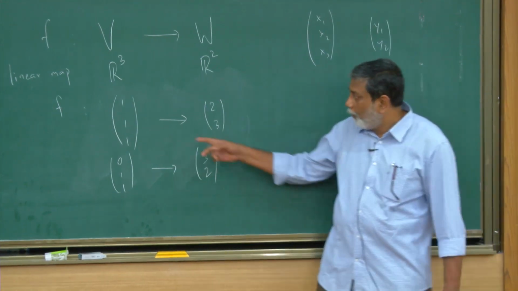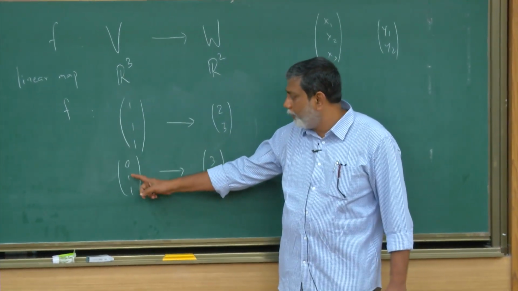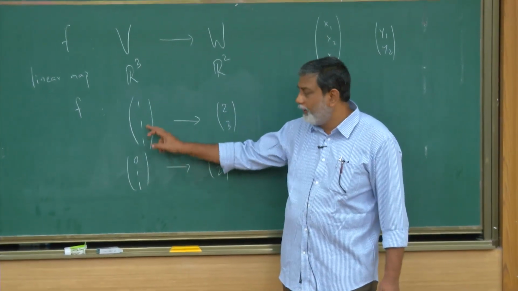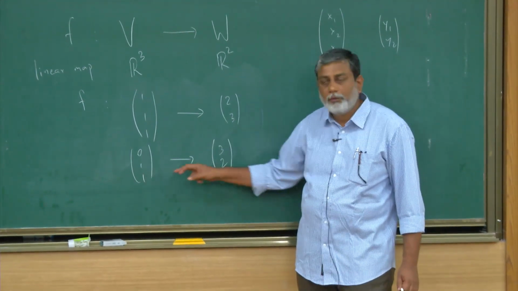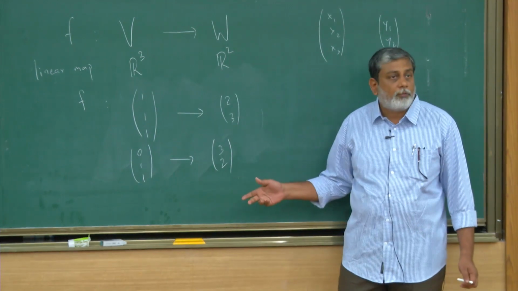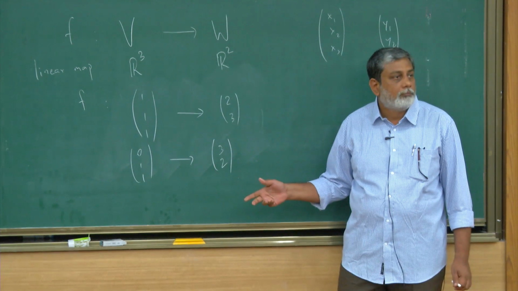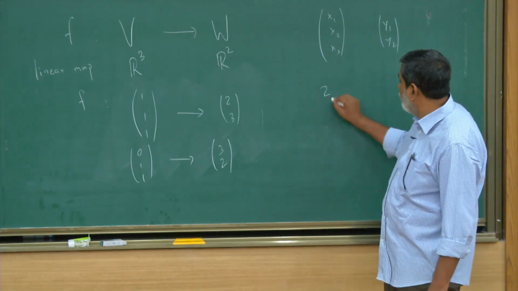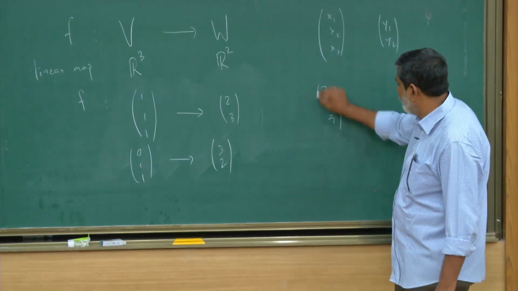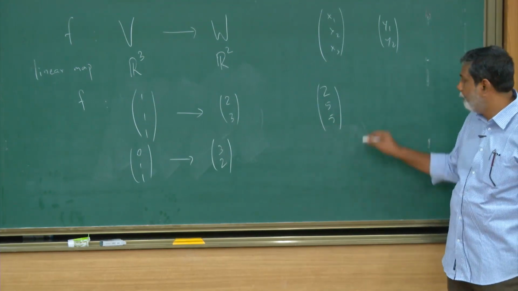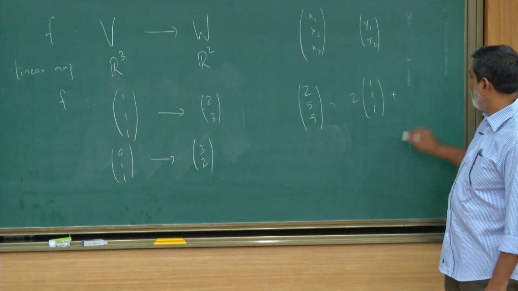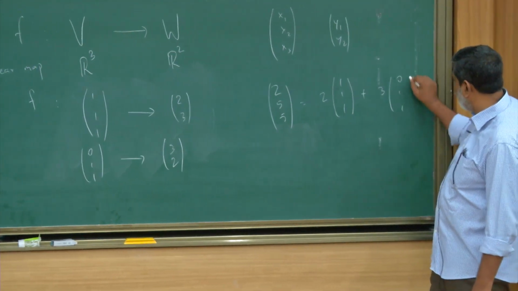Okay. Once we have specified where this vector goes and this vector goes, any vector which is a linear combination of these two vectors, we can also find out. What that means is, suppose we are given the vector (2, 5, 5). This vector (2, 5, 5) is really 2 times (1, 1, 1) plus 3 times (0, 1, 1).